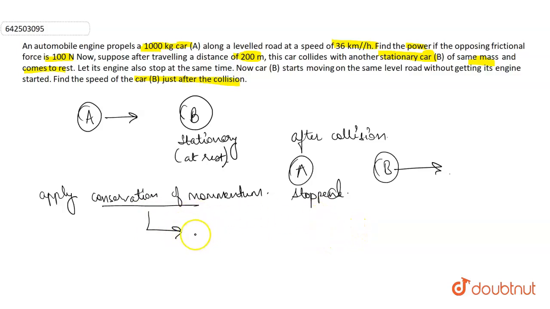And we have the formula for this, that is m_a u_a plus m_b u_b, the initial velocities of both, is equal to m_a v_a plus m_b v_b, that is after collision, so final velocities. This we can use, so let us use this.